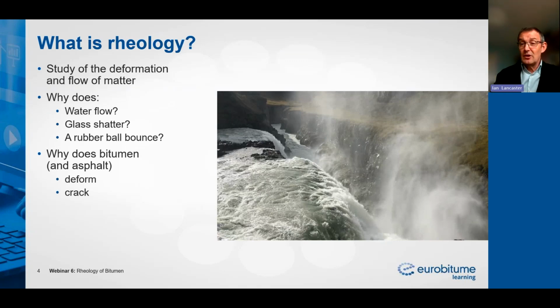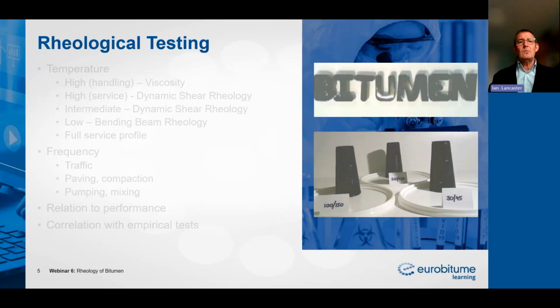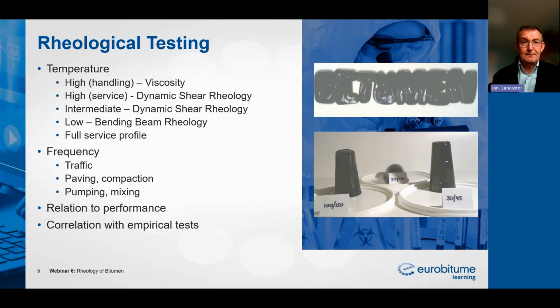The term rheology was first coined back in the 1920s by a scientist called Eugene Bingham, and it's been used ever since to describe the deformation and the flow of matter. So how do we test it?